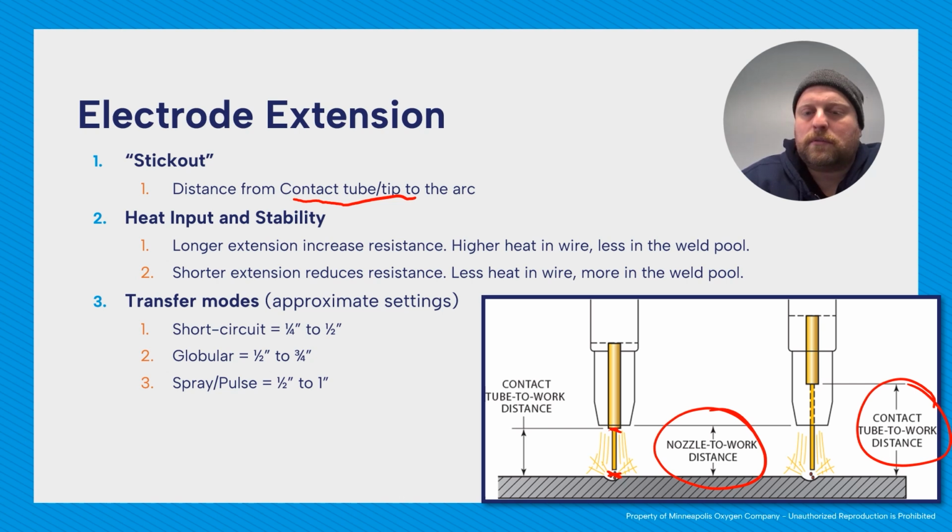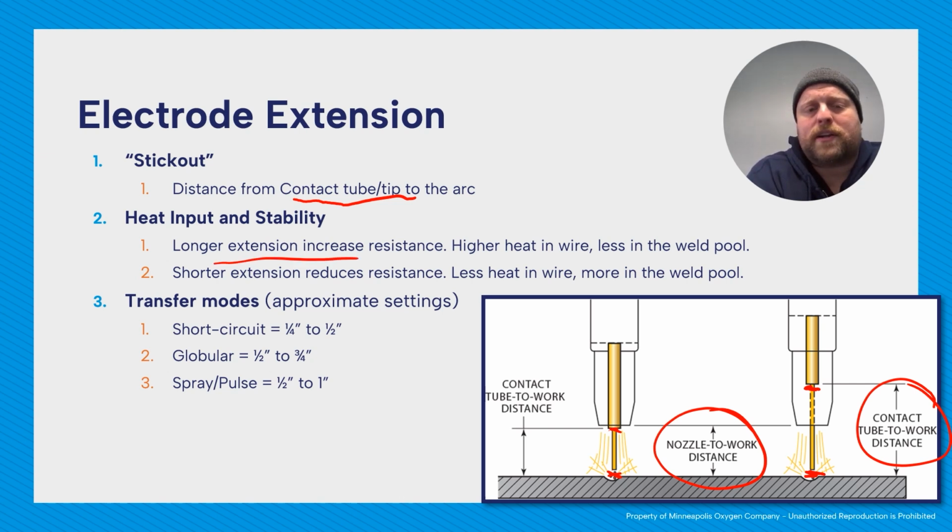This one has a contact tube that's back in the nozzle, so from here to here is the contact tube to work distance. Make a note, the nozzle's the same as far as the distance, so don't go off your nozzle. We have to know where our contact tube is, and that is how we determine our electrode extension.